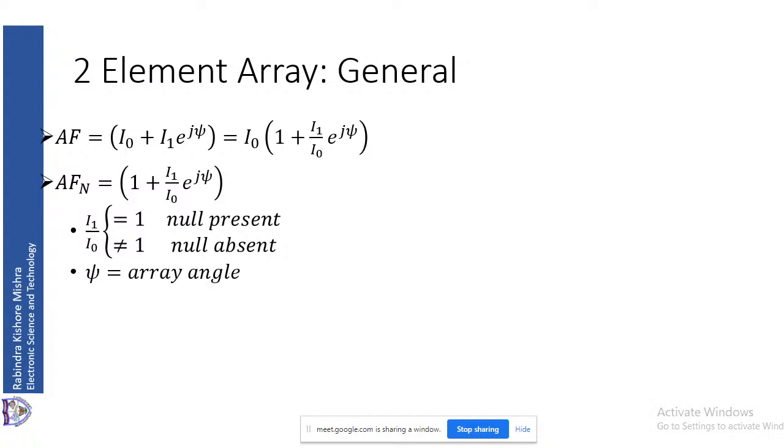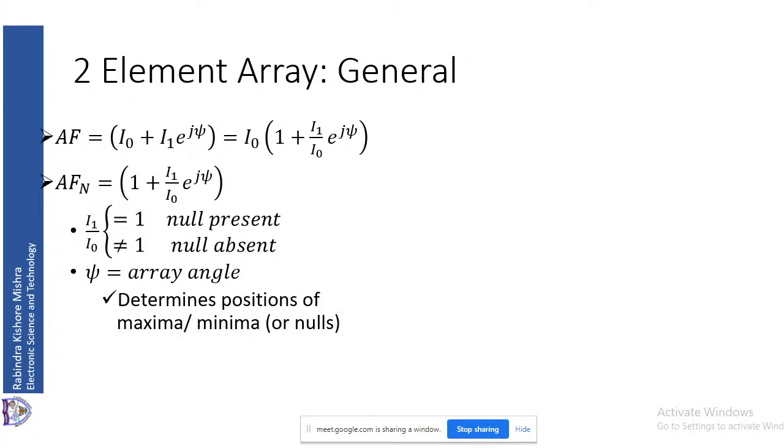I have already told you psi is the array angle, so it determines the position of maxima, minima or nulls. In case of equal amplitude, you will get a null. So psi determines where you will get a maxima, where you will get a minima or the null. That is an important property of psi, the array angle.